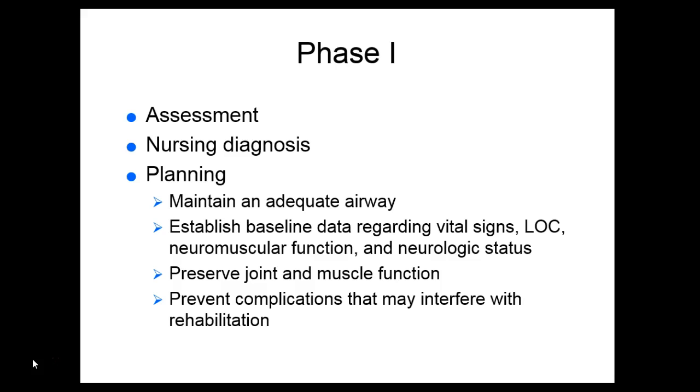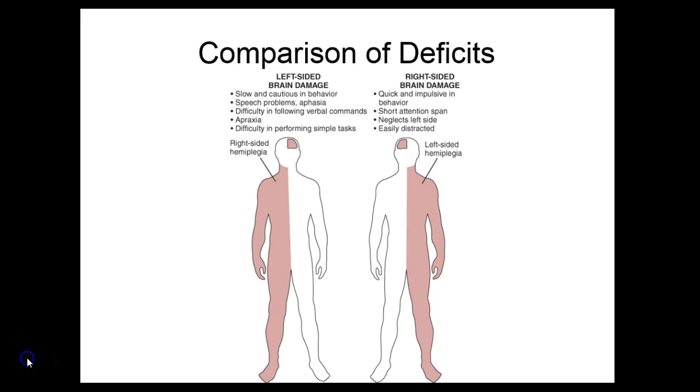Complete hemiplegia is a common effect of stroke. Aphasia often indicates ischemia of the brain cells on the left side of the brain and is usually accompanied by right-sided hemiplegia. If you look at figure 23-7 on page 536, it illustrates the deficits that are often experienced by patients who have damage of the left or right side of the brain.